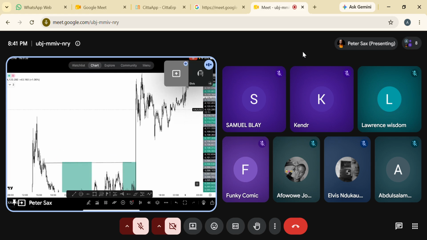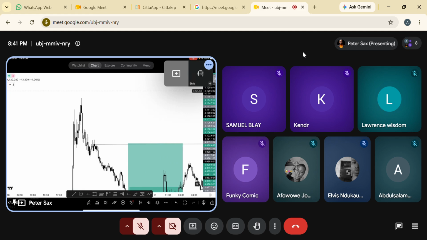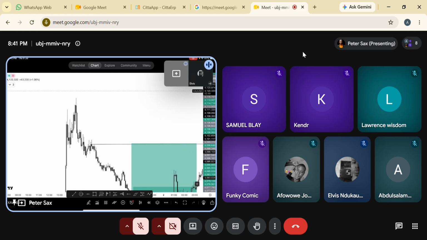Let's see another break and retest. Some structure. The break and retest has to be either this one or this one here. Yeah, this one has to be the break and retest.